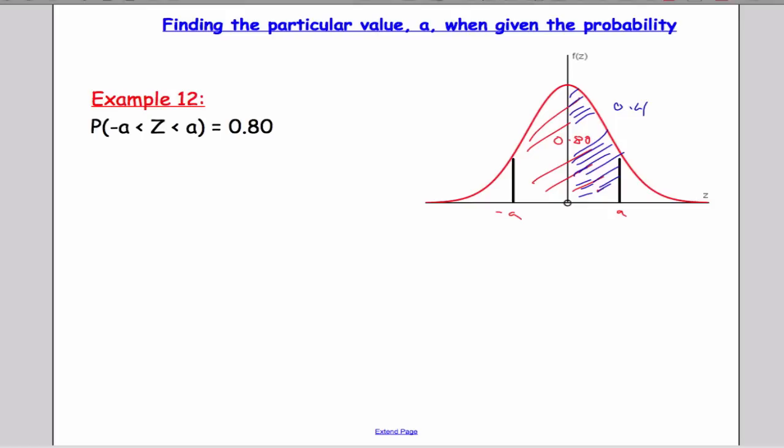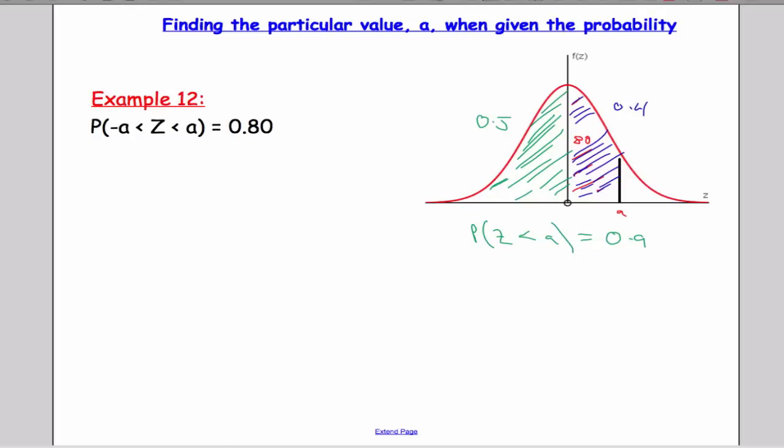And then what I can do is I can actually remove the fact that we have negative a. I can eliminate that. And I can introduce, I know that this area here to the right is 0.5. So the green area is 0.5. I can add the green area to the blue area, which tells me that the total area to the left of a, that z is less than a, is going to be 0.9. So that's 0.9.